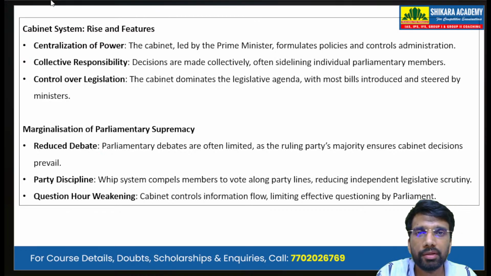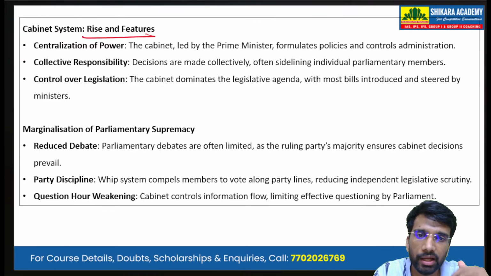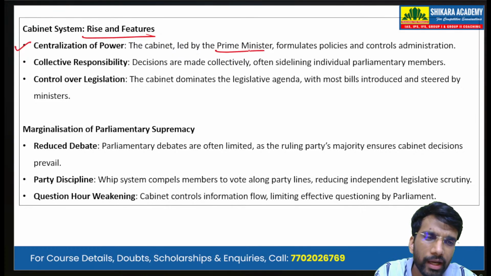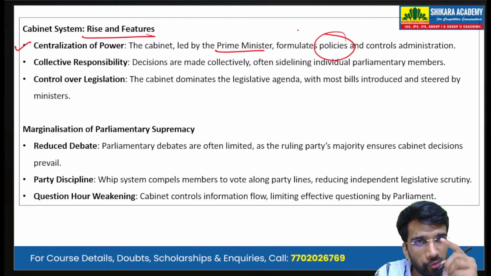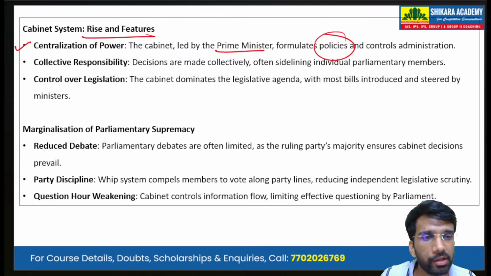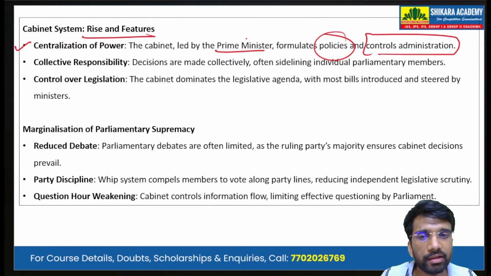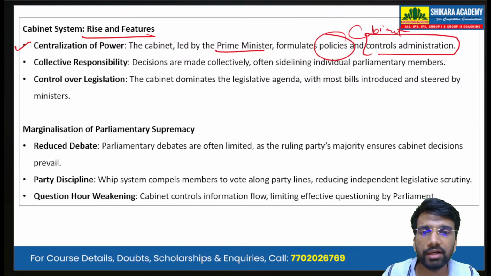Now we write the cabinet system, the rise and the features. The rise of the cabinet system: the centralization of power. The cabinet is led by the prime minister. It formulates the policies and controls the administration. So policy formulation and control of administration is done by the cabinet. And then there is collective responsibility.